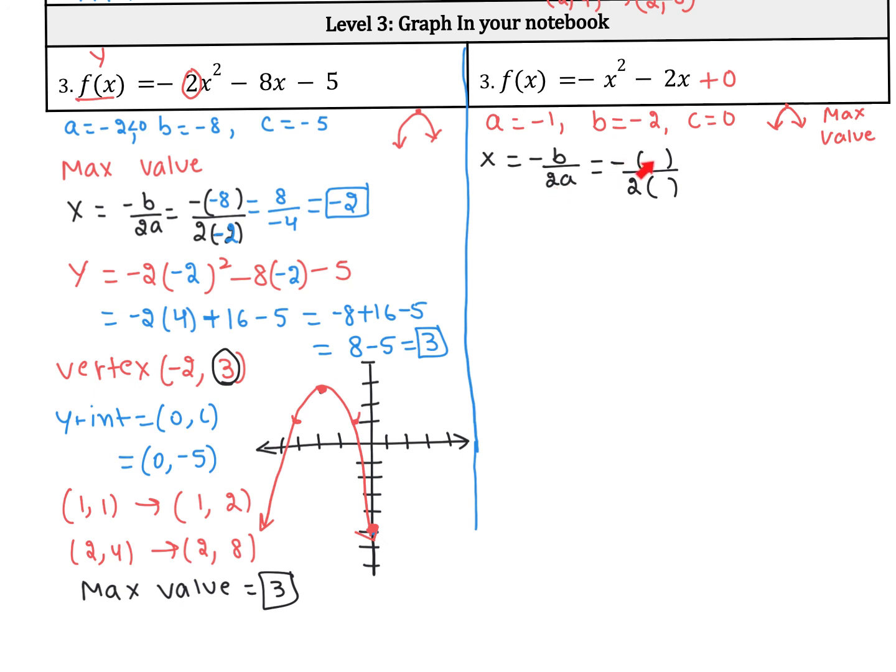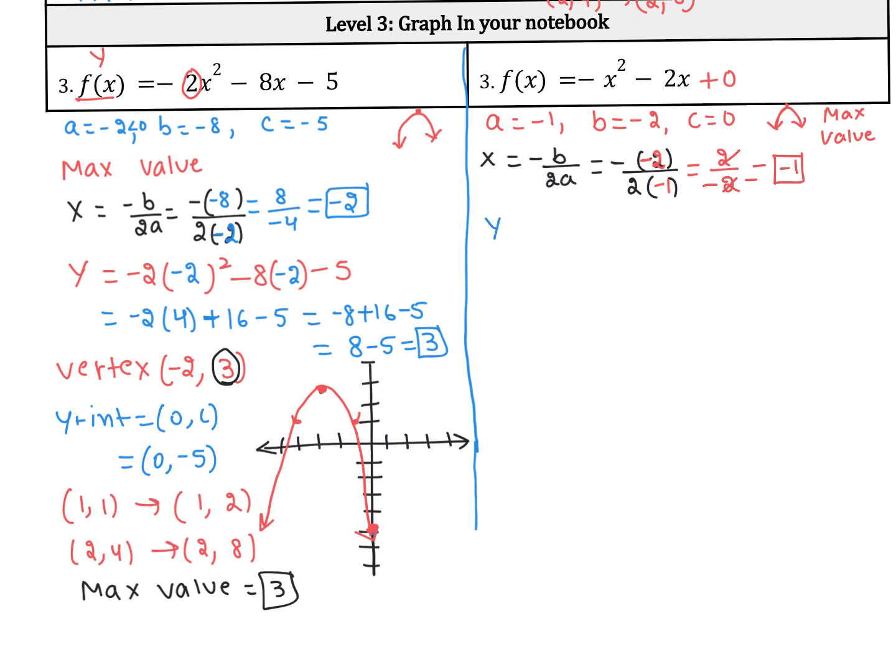Put brackets around b and a so that you can plug in the values: for b, that is negative 2, and for a, that is negative 1. On the top you got positive 2 because 2 negatives become positive. On the bottom is negative 2. Cancel this, you got negative 1 for the x value.